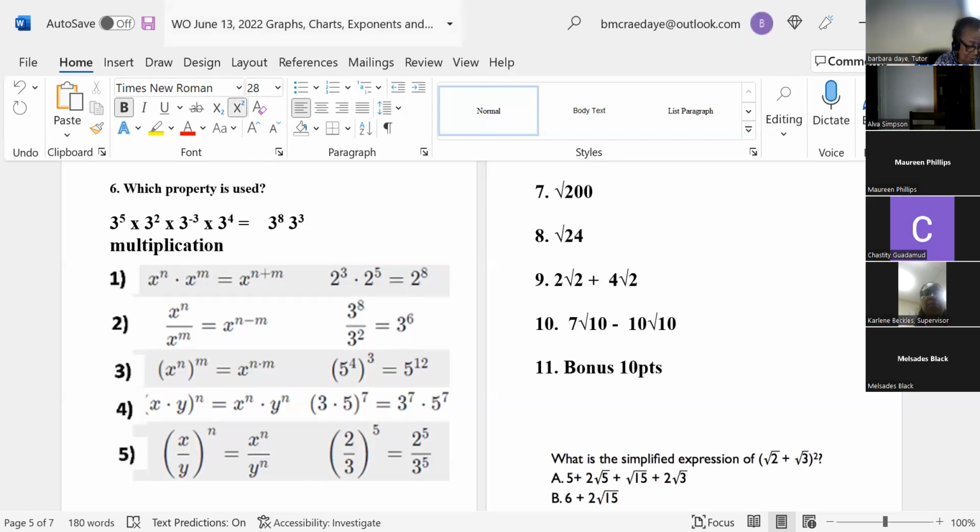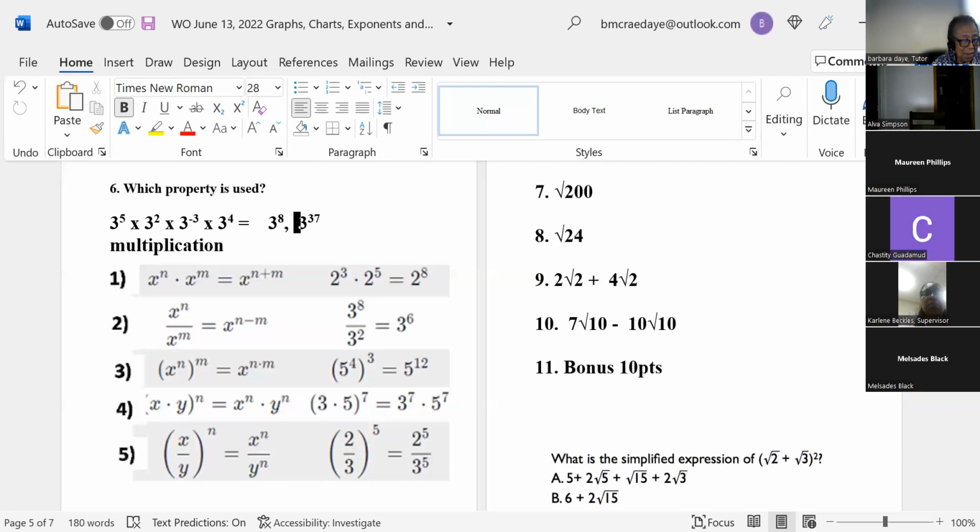Yes, 3, 7. Hold on, I multiplied. Any other values? Anybody get anything else? I have 2 answers here. Any other answers? Trying to figure it out because you're multiplying the powers. 3 to the power 7?